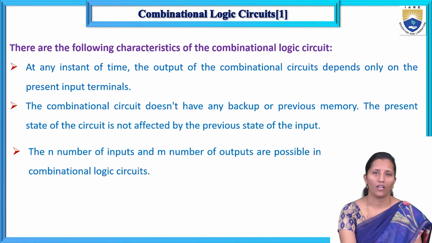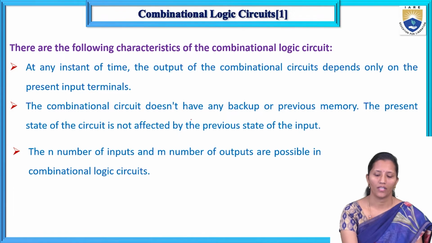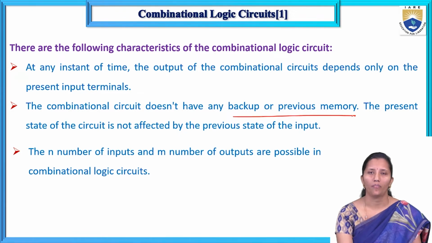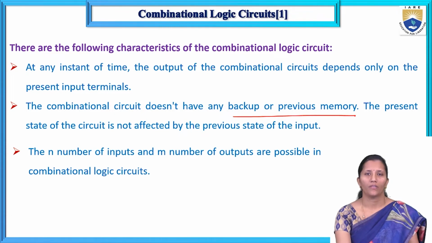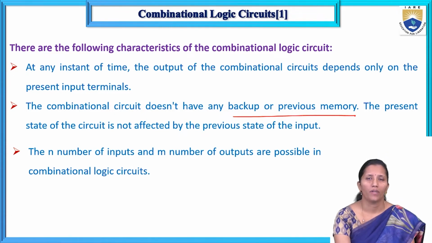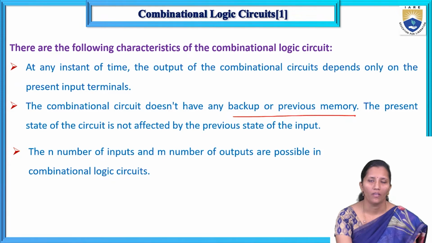There will not be any storage elements in the combinational logic circuit. The combinational circuit doesn't have any backup or previous memory, whereas in sequential circuits we have memory. The present state of the circuit is not affected by the previous state of the input.